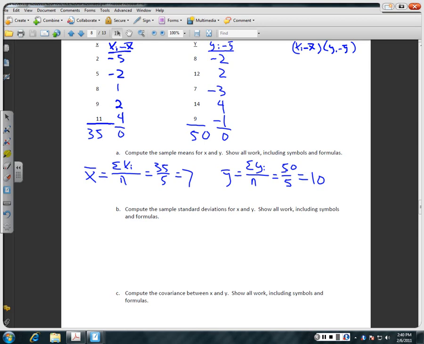And then the cross products is just going to be the product of those. So when x goes 5 units below its mean, or when it did go 5 units below its mean, y went 2 below its mean. And when x went 2 units below its mean, y went 2 up. And now I'm just going to multiply here.